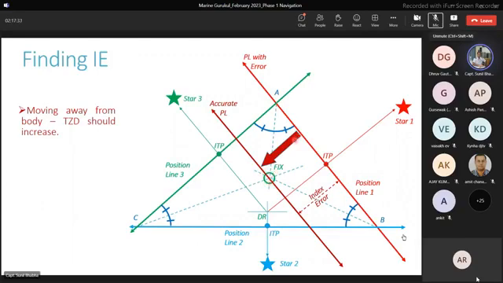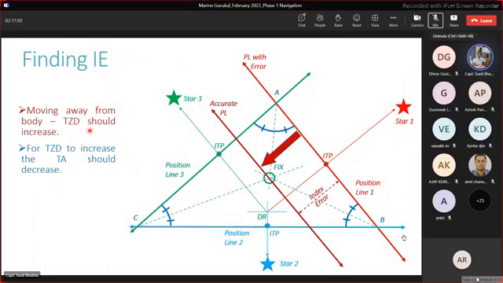So if you are moving away from the star, the zenith distance of the body should also increase. Now we know that true zenith distance is 90 minus true altitude. So if we want the true zenith distance to increase, then the true altitude should be decreasing.